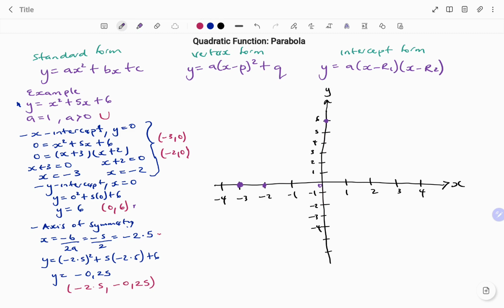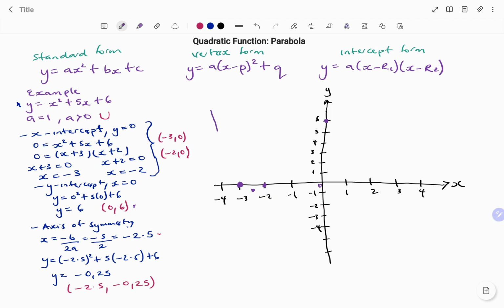The last point is my axis of symmetry. I have minus 2.5, that's in between minus 3 and minus 2, and my y value, minus 0.25. It's a rough estimate. So drawing my parabola, I must make sure that my curve passes through all those points.